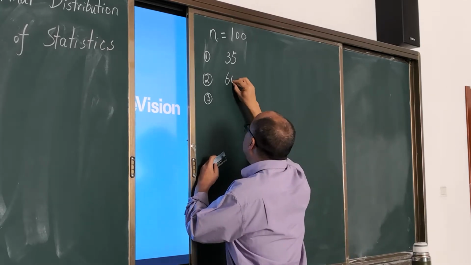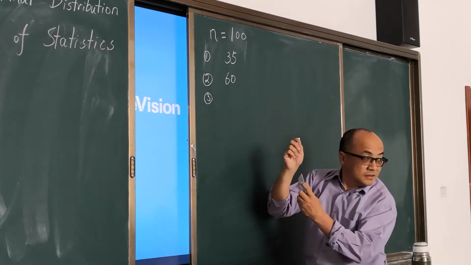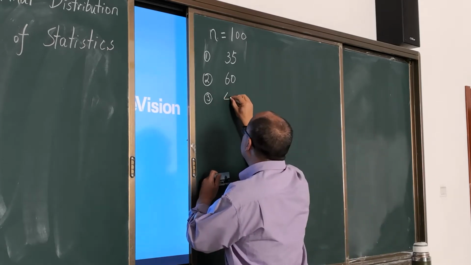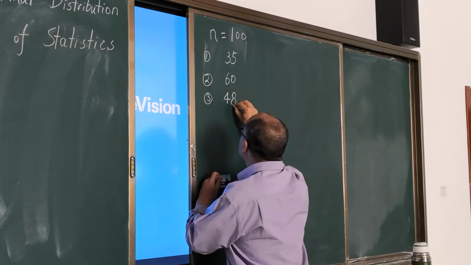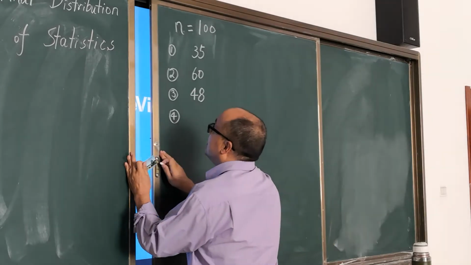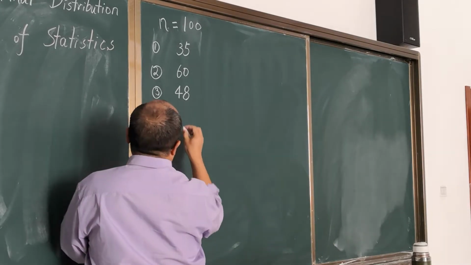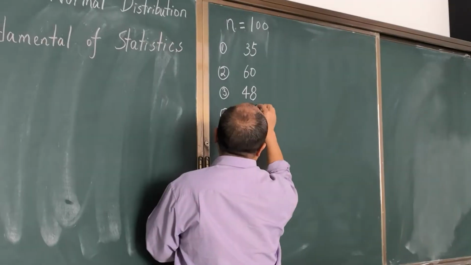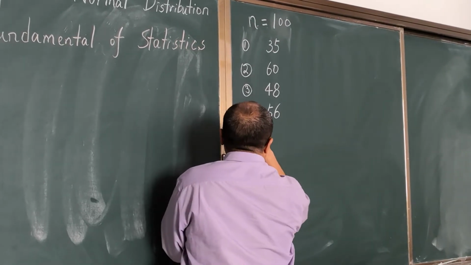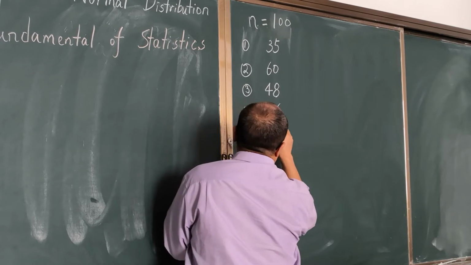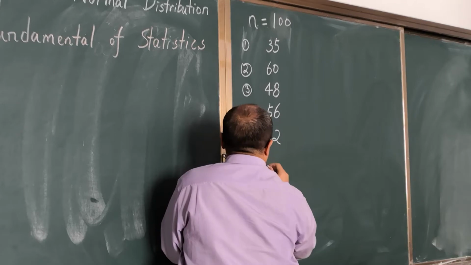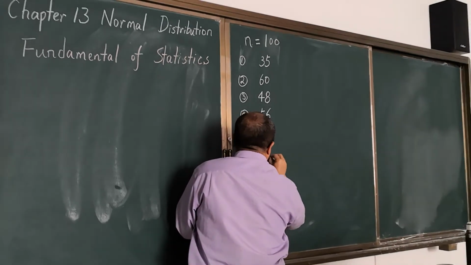Now this is 60 heads. Totally, this one is 48, and let's say 56 heads, and 62, 70.